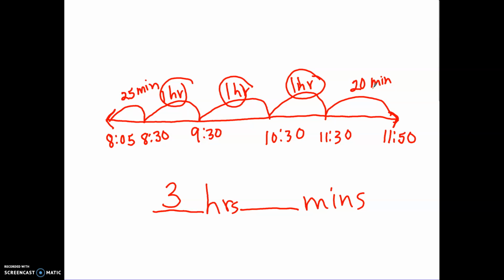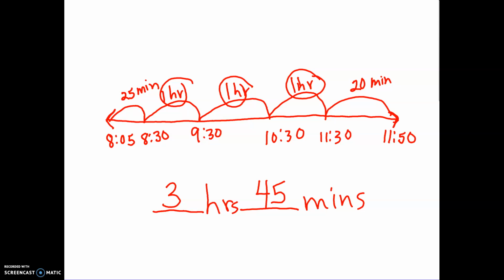Well, I know that 20 plus 20 is 40, plus 5 is 45. So our morning at school might be 3 hours and 45 minutes. We used a number line, or I did anyway. I'm not exactly sure what you used, but I used a number line to solve the problem.